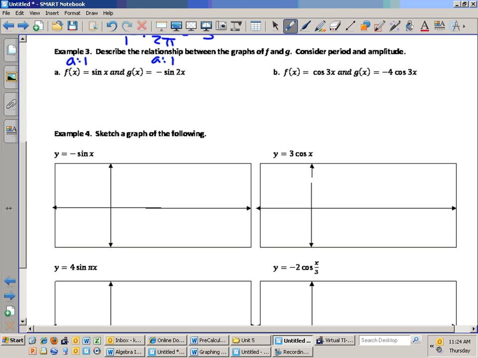Let's look at the period for each. What's the period for f of x? 2 pi. What is the period for g of x? Pi. So if you notice, one has a period of 2 pi, the other one has a period of pi. What does that mean?